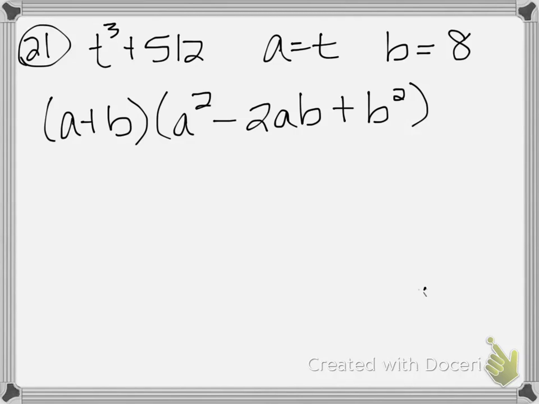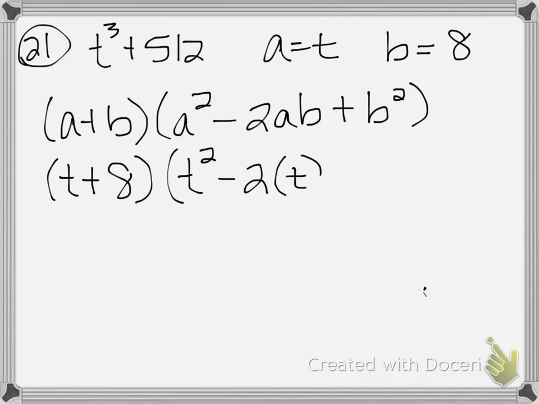So what that means is wherever we see an A, we're going to put a T, and wherever we see a B, we're going to put an 8. So I've got T plus 8. I've got T squared minus 2 times T times 8, and we'll simplify that here in a minute, times 8 squared, which we can also simplify.